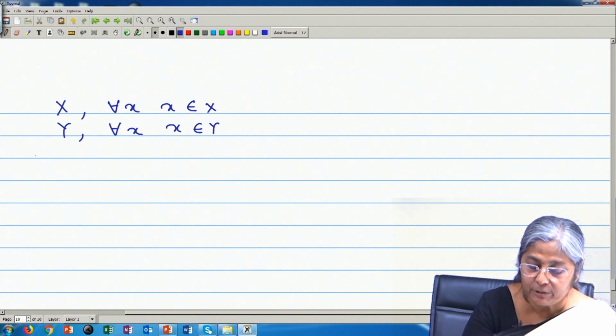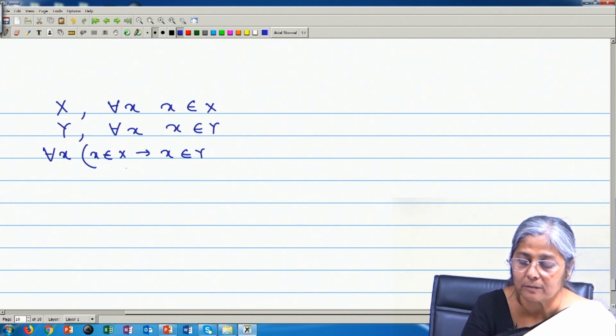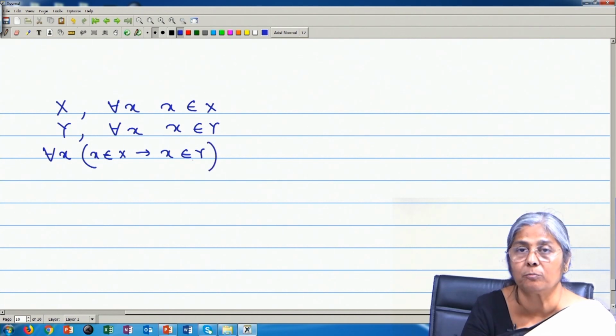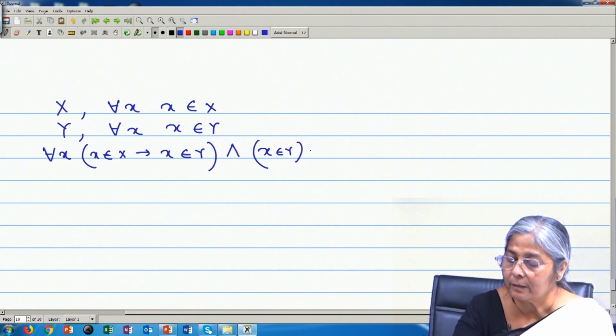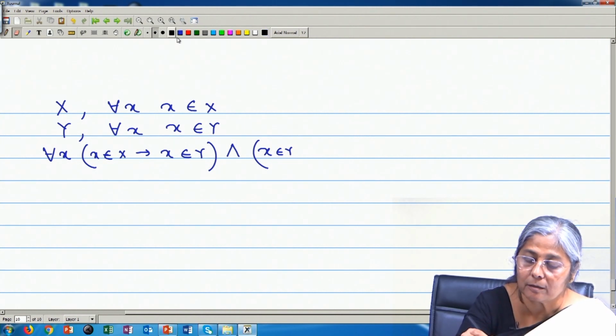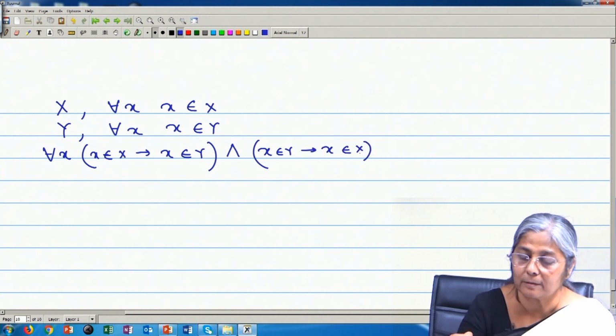Then the proposition is: for all x, x belongs to x implies x belongs to y. That means all elements of x are also elements of y, and similarly all elements of y are elements of x.